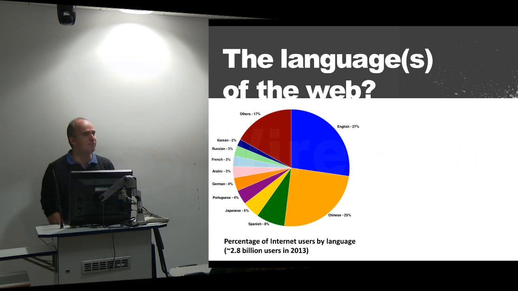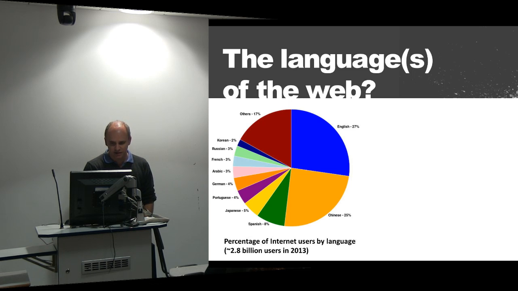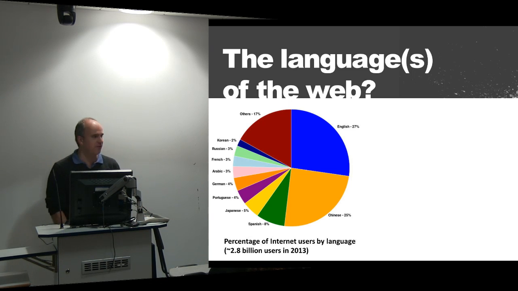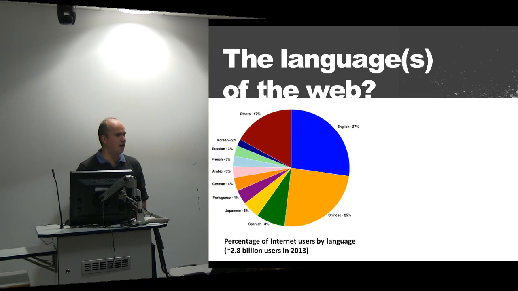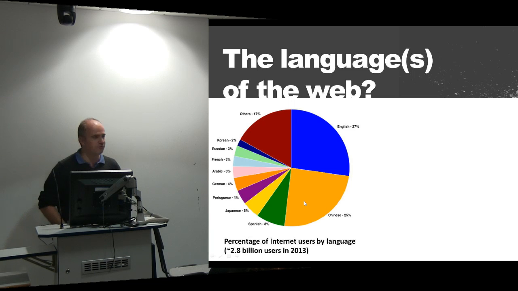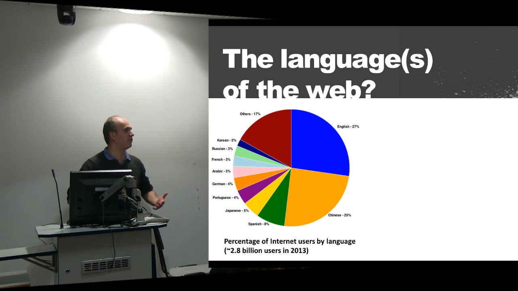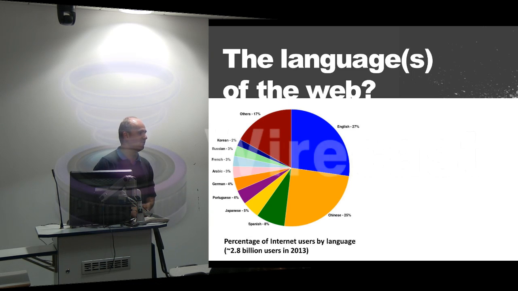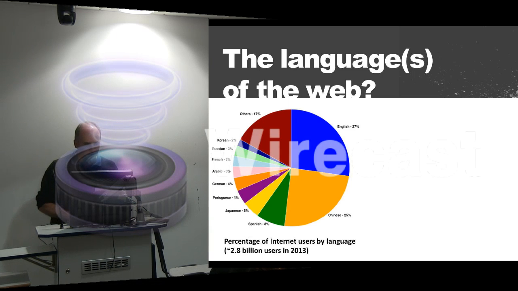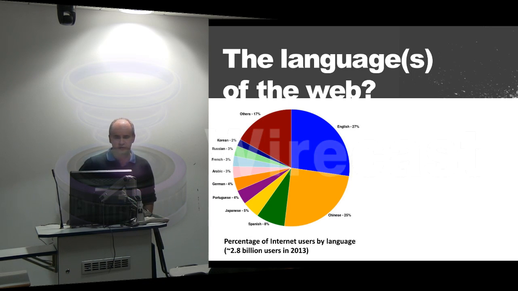Many people speak English on the web, but it's definitely not the majority, and there are other very powerful countries. We know that the Chinese users of the web are getting more numerous all the time. So in a couple of years, I'm sure English will not be number one anymore. That's certain. But you see that there are many languages. English is not the only way of going through the internet.